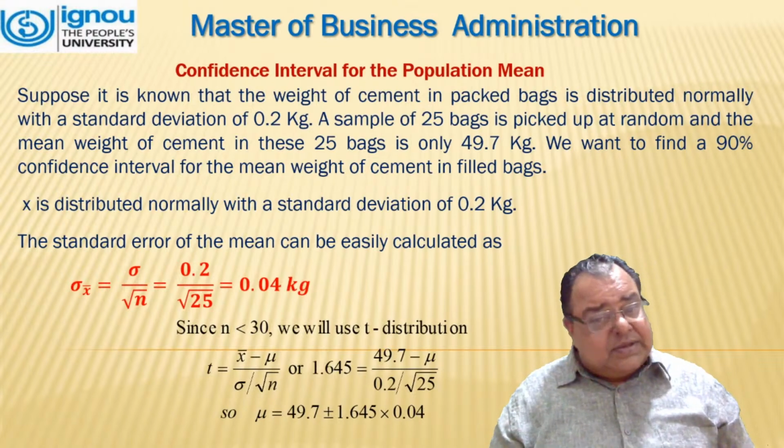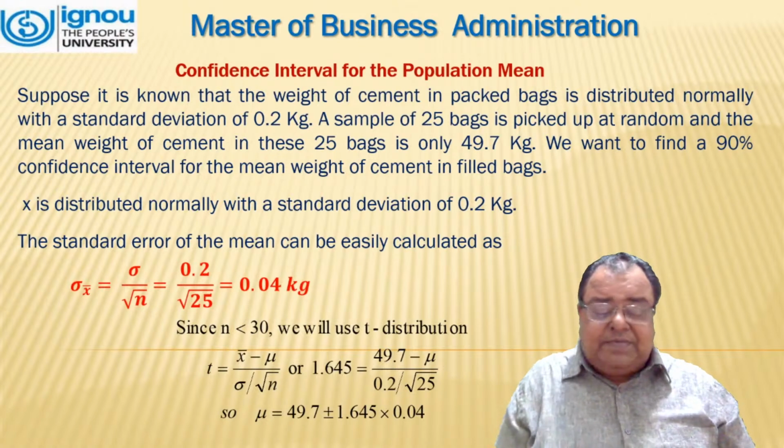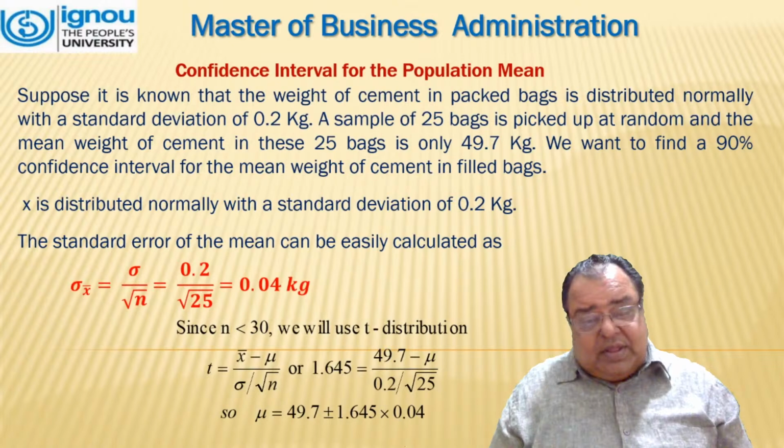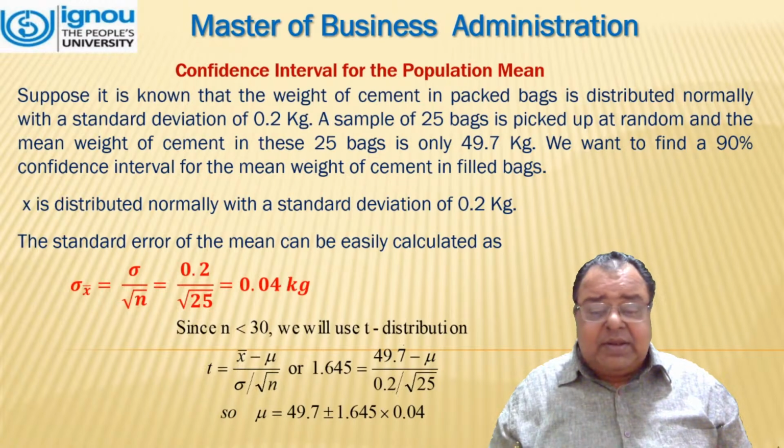Now, the sample size is less than 30, so we will be using the t distribution. That is, the t distribution value is 1.645. Your x bar is 49.7, given in the problem. You are looking for the mean, that is mu, and you have a standard deviation of 0.2 and n is 25.